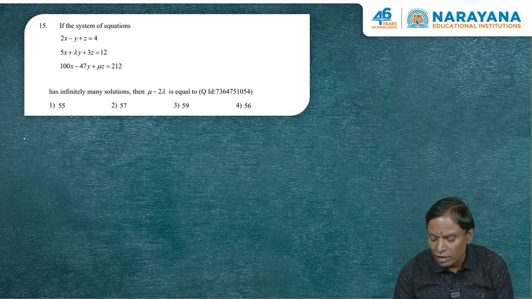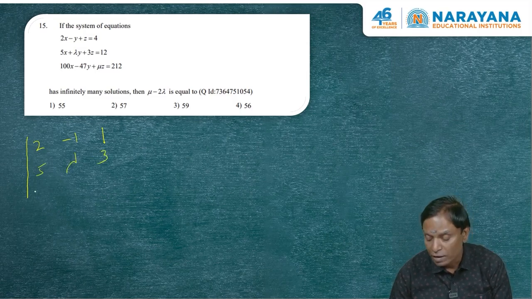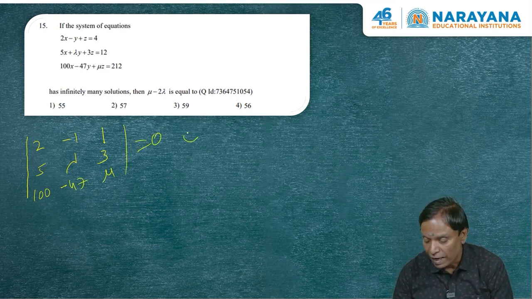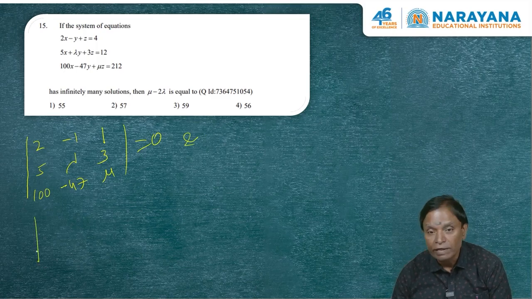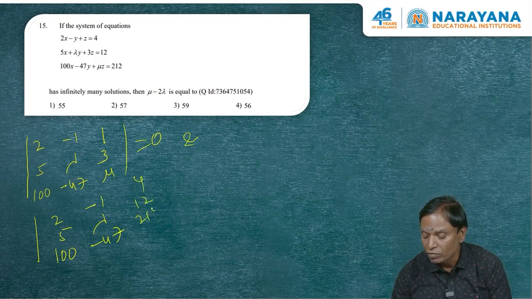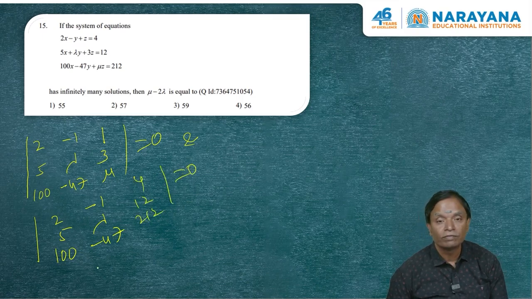As you know, the given system has infinitely many solutions, which means the first determinant with rows 2, −1, 1; 5, λ, 3; 100, −47, μ must be equal to 0, and the determinant with rows 2, 500, −1; λ, −47 and 4, 12, 212 must be equal to 0.